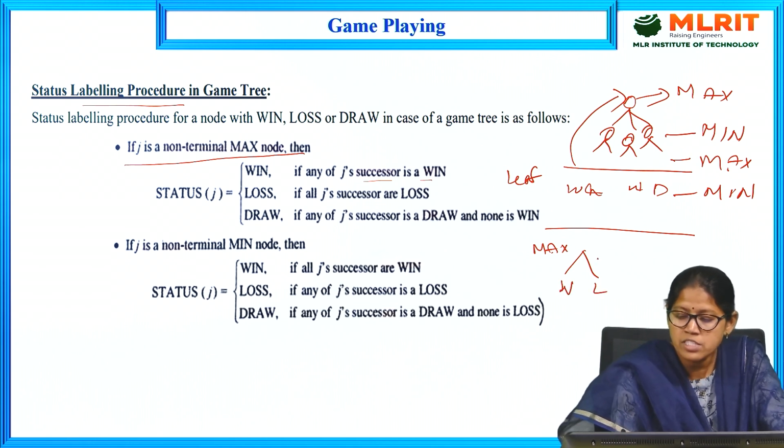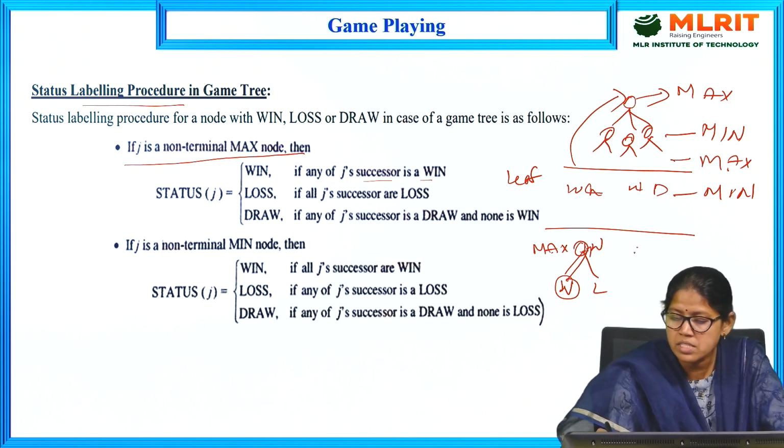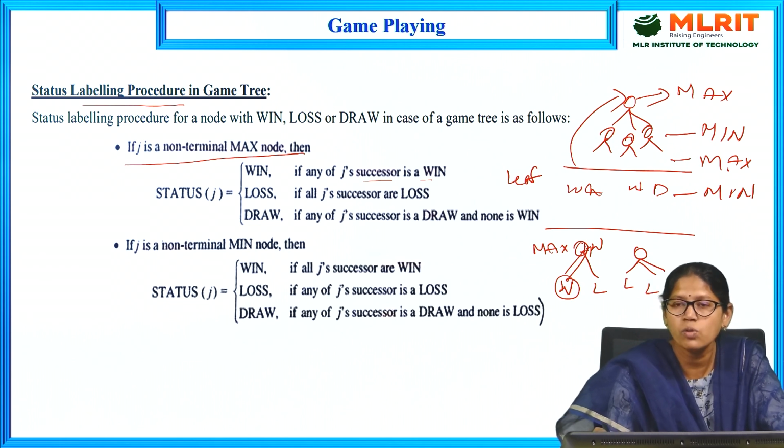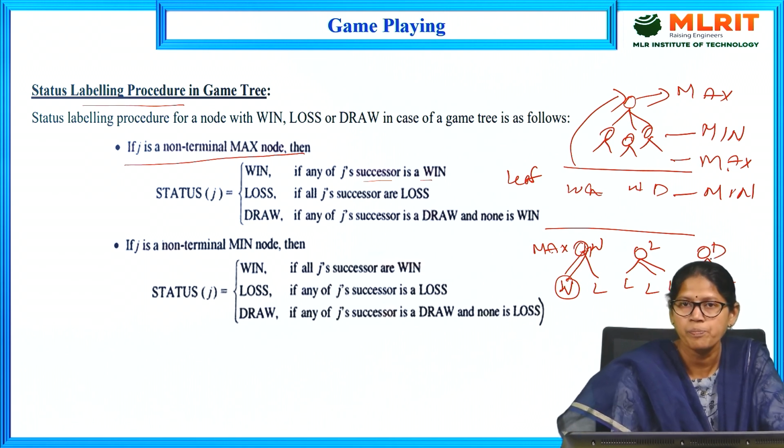At the max point J, if any one of the successors is win, automatically it is win. If all the successors of J are loss, then only it is loss. If any successor is a draw and none is a win, for example here it is a loss, then it will choose the draw.